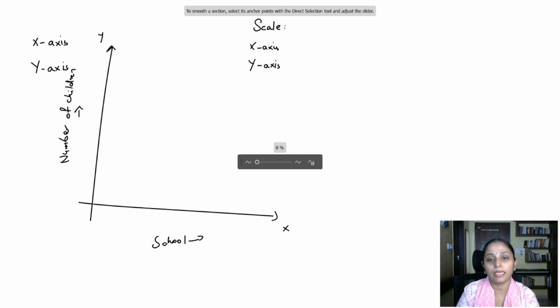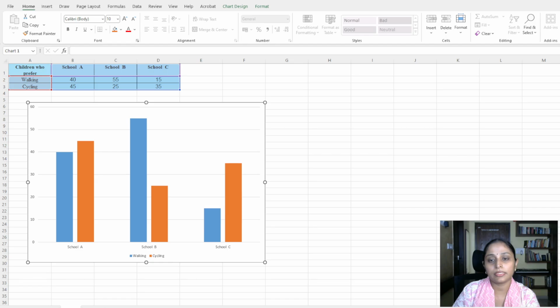For example, let us look at the graph again. Looking at the graph, we have seen that the data given to you ranges from 0 to a maximum of 55, right?